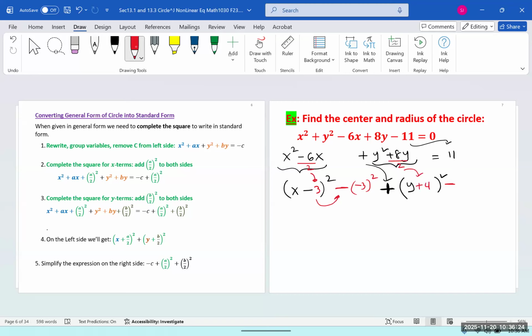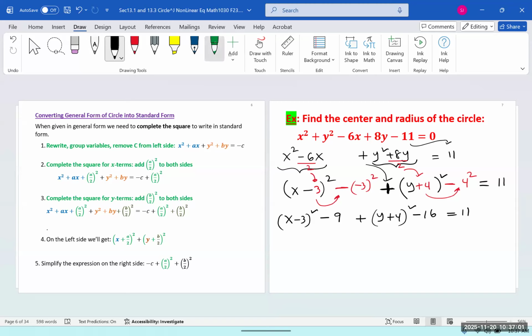So 4 goes here, and we need to subtract positive 4 squared. And we have our 11, the lonely 11 on the other side. So we get x minus 3 squared minus 9 plus y plus 4 squared minus 16 equals 11.